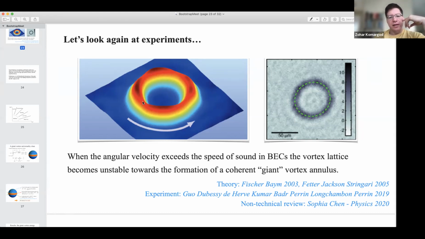And the giant vortex should be a good description as long as the red region is sufficiently big that effective field theory makes sense. But eventually also the red region would become very small. And then I think they'll find the partons, but they haven't reached that angular velocity yet.